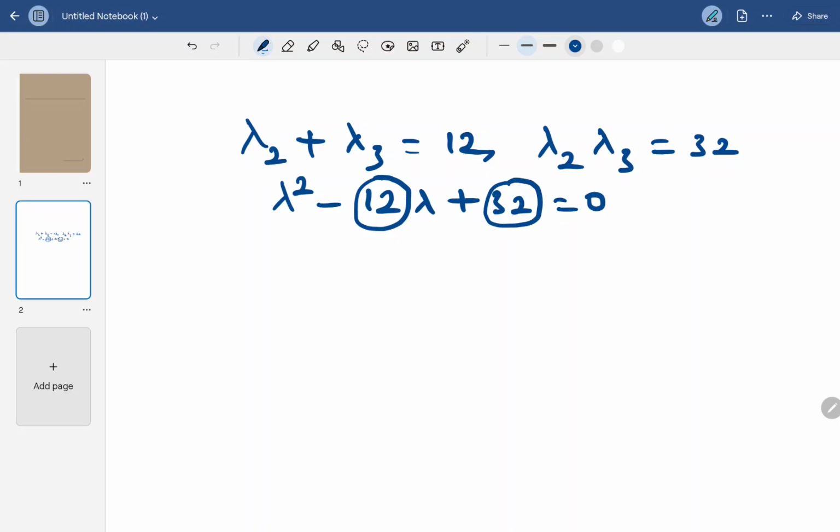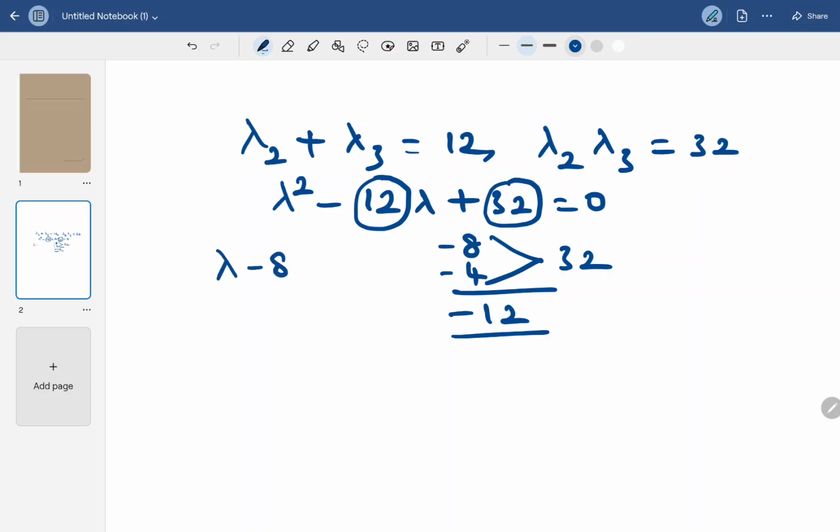I am going to factorize. Since it is a quadratic equation, the numbers multiply to 32 and add to minus 12. The possible pair is minus 8 and minus 4. Lambda minus 8 into lambda minus 4 equals 0. Lambda equals 8, 4.